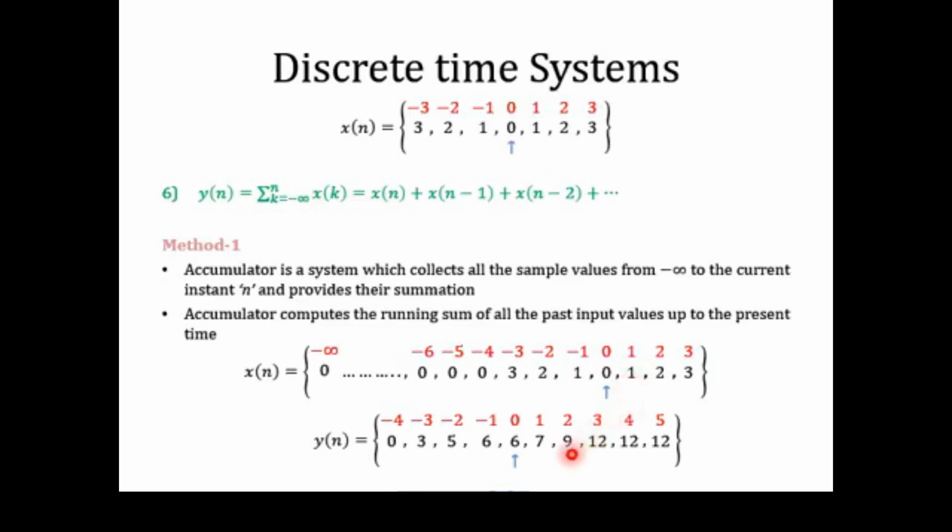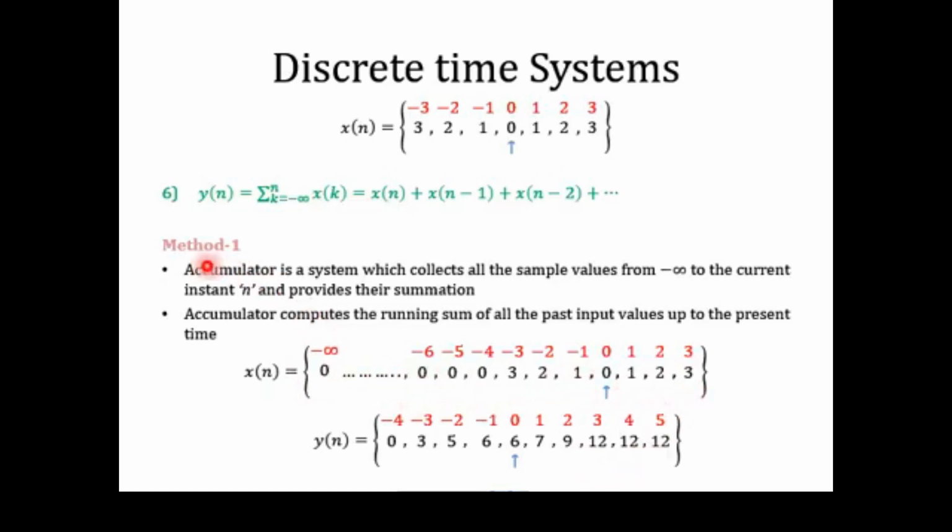So you will get the result 9 corresponding to 2 index. Similarly, for 3 index, 9 plus 3 will be equal to 12. And if you compute the output of an accumulator after the 3 index, the result will remain 12, because when all these sample values are added together, the answer will remain 12.